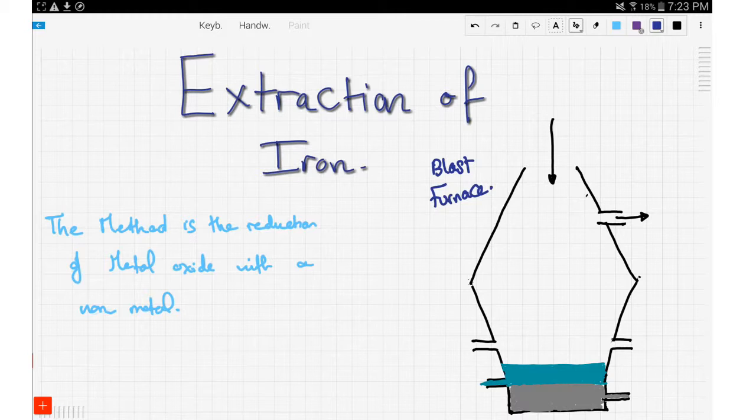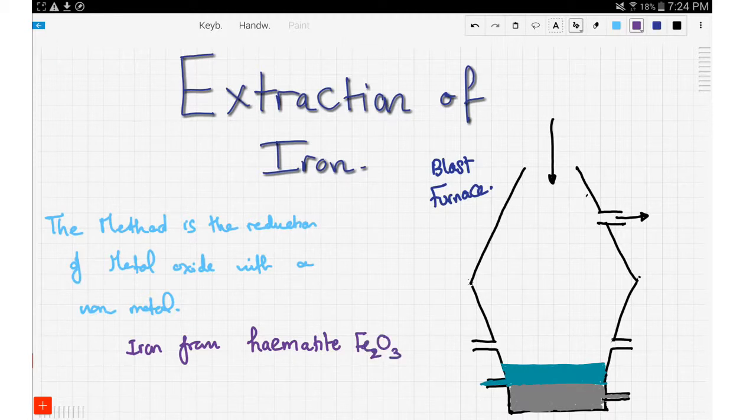And also you have to note that iron is extracted from the ore called hematite, and it's iron 3 oxide.